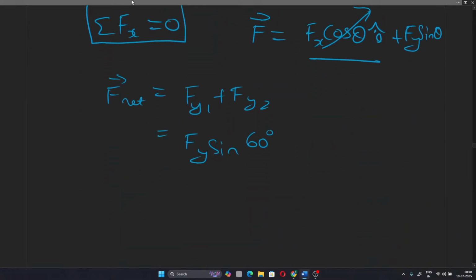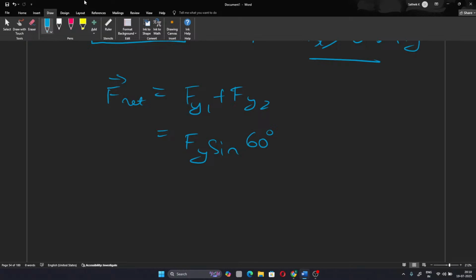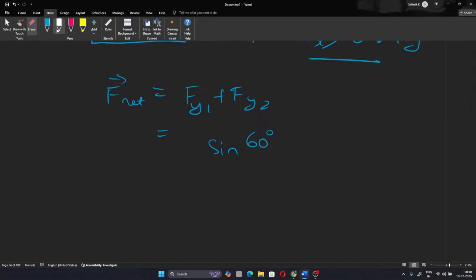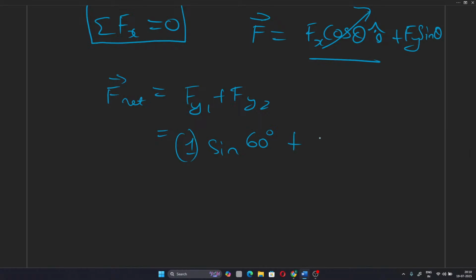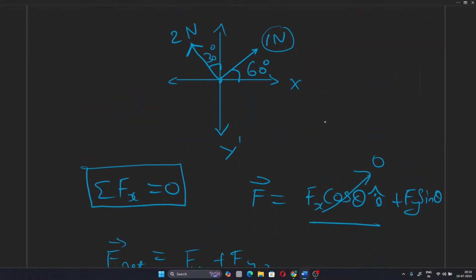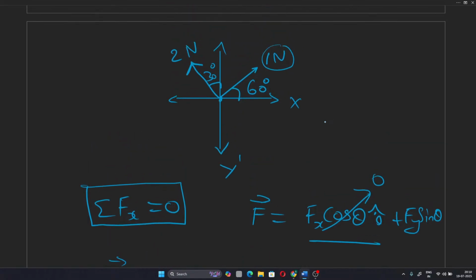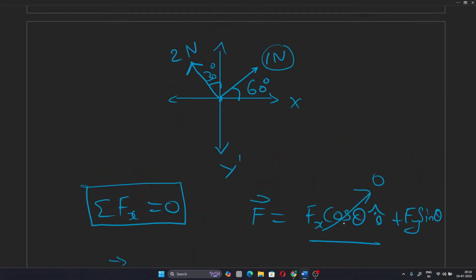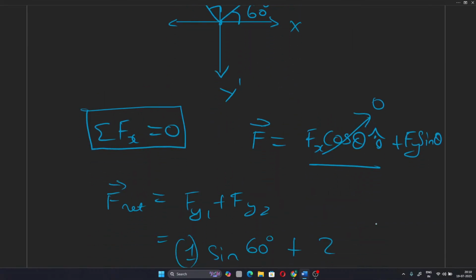This is not Fy, let's take it as 1 Newton itself. Plus one more force acting in the y direction, 2 times 2 Newton, 2 of sine 60 degree.